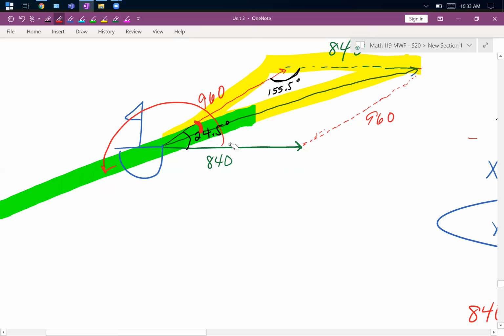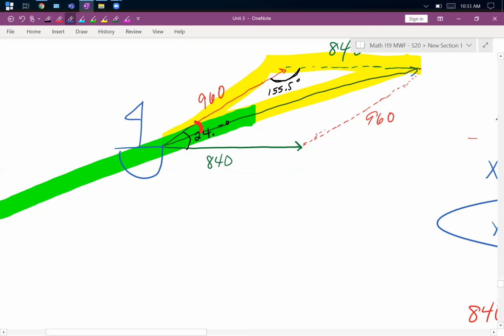And I lined up the green vector on the horizontal because our direction angle is supposed to be the angle in between the horizontal and this. So we can't just add 180. That's not going to get us right over there.